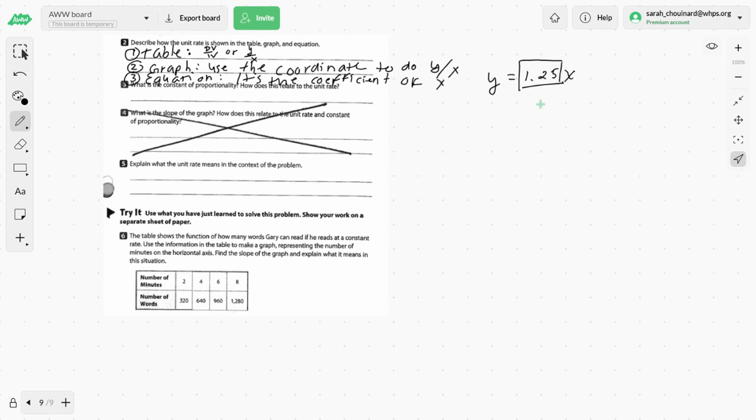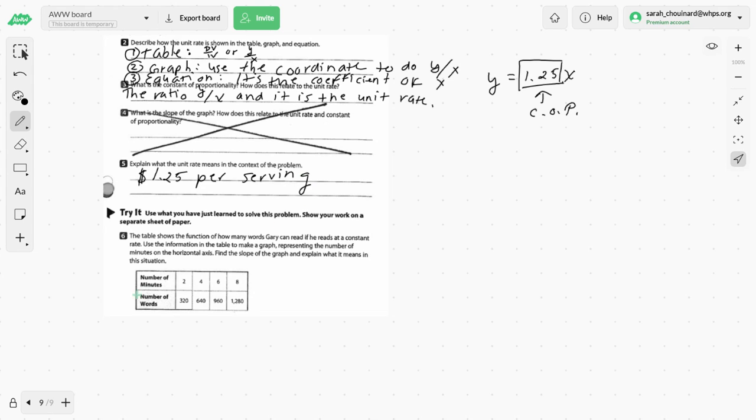So this number, the coefficient, is the C.O.P. So the C.O.P is the ratio Y divided by X, and it is the unit rate. And in the context of this problem, we knew that it was $1.25 per serving.